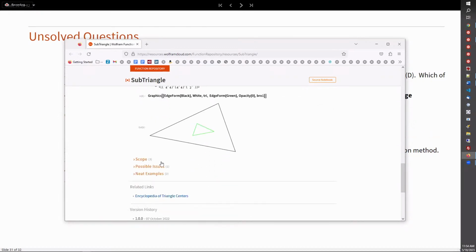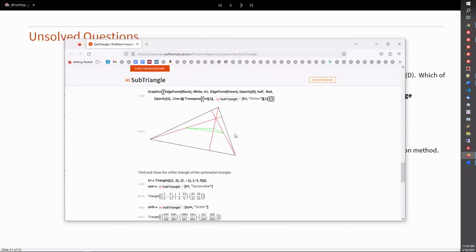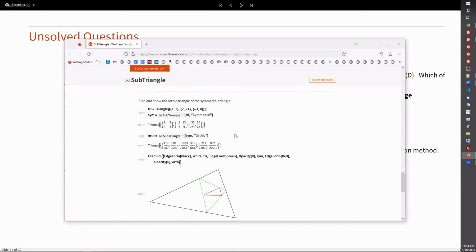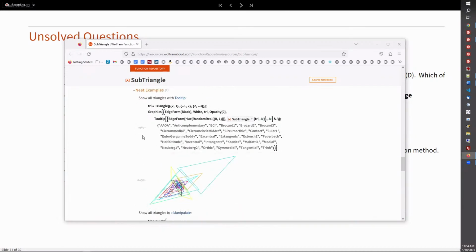The Brocard triangle, tangential triangle, half altitude, orthic triangle. And here's a whole bunch of different subtriangles. For these, which ones have equivalent subtetrahedra? That's something I would like to know.